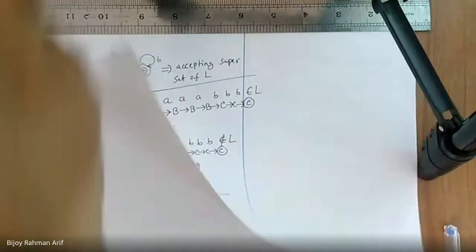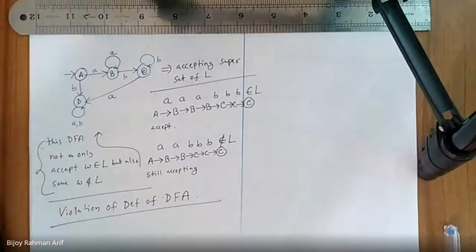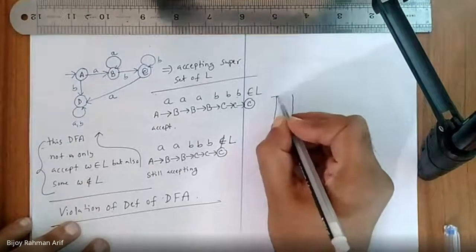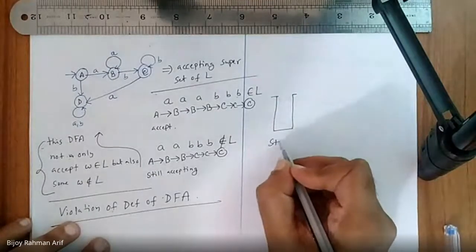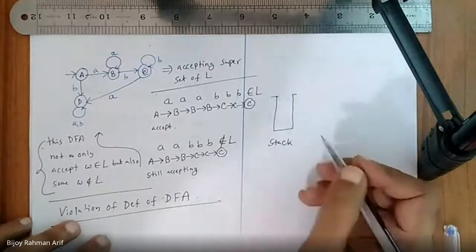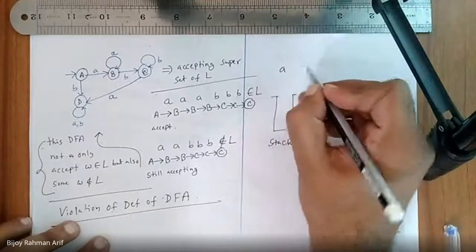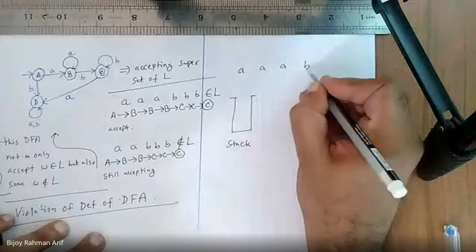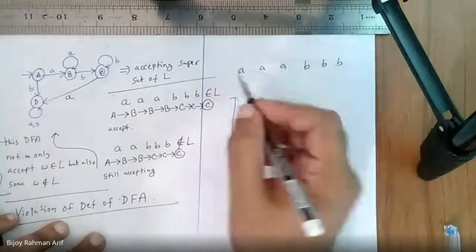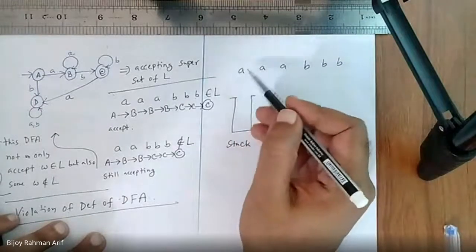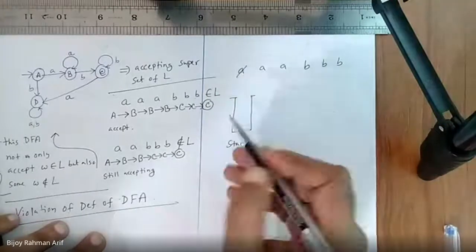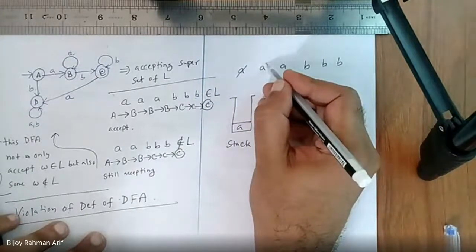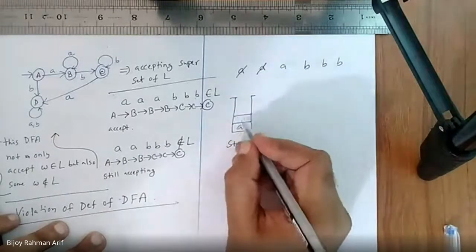How about this? Let's assume I have a stack. Initially, this stack is empty, and this is my string: A, A, A, B, B, B. When I get A, I'm going to push. When I get another A, I push.